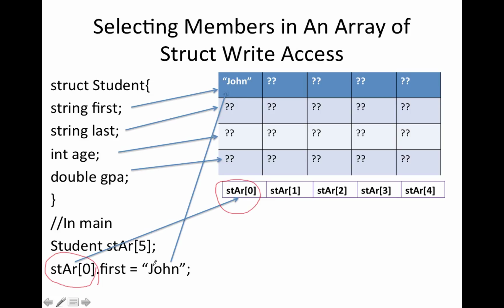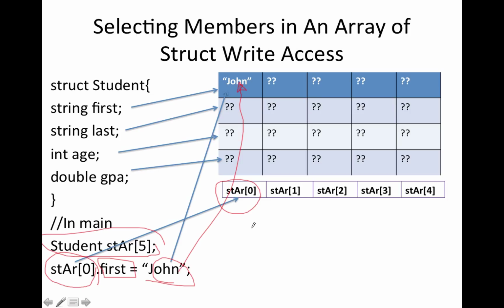So don't forget this sequence. You are going to select the array member of this array first. Okay? And then we do the struct member selection. When I'm selecting the member first and saying that it should be John, then John is taken from here and placed in the first name field of the first array member of this struct array.